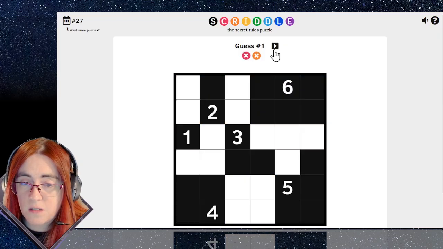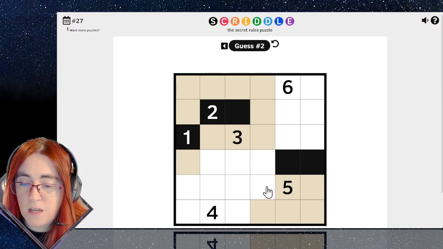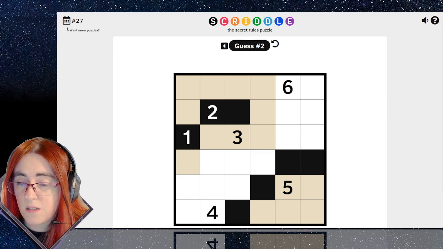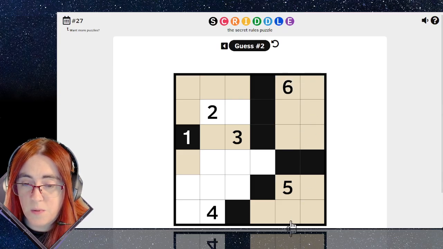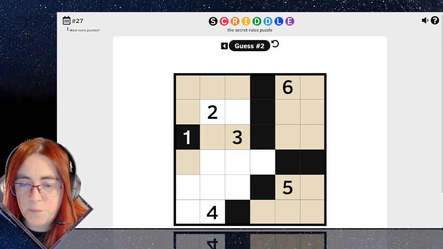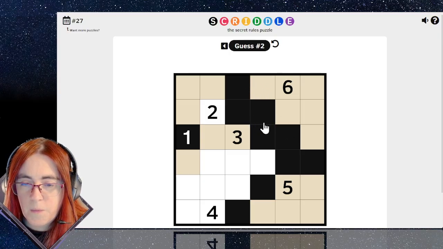Right, we'll try making the 5 unshaded and do this. Something like that, and maybe the 6 as well. Oh no, we know that this... Let's try this as a test of that.